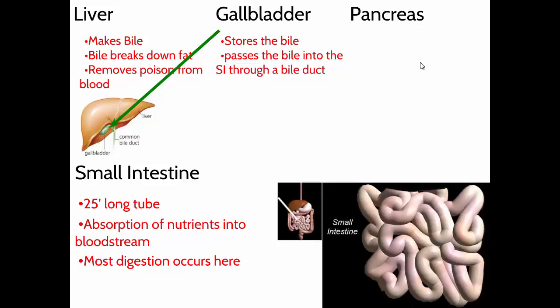When my wife had gallbladder surgery, the doctor used arthroscopic surgery, those long pointy tools, to remove it. Basically they remove your gallbladder. You still make bile. Your liver still makes the bile. It just goes directly through the bile duct into your small intestine. It doesn't have a storage area anymore. It's no big deal. You can live just fine without it.